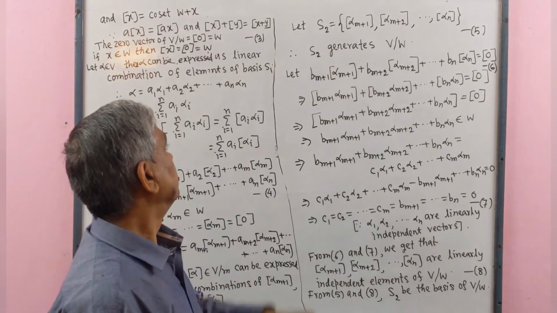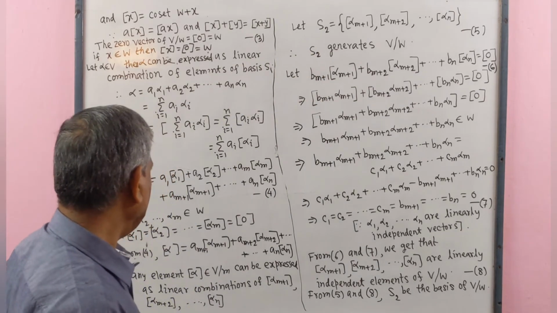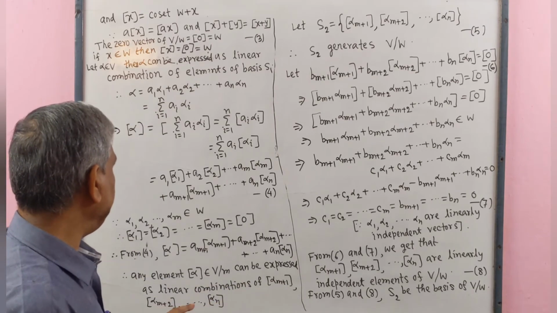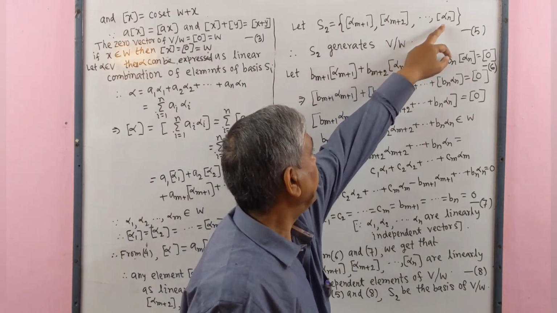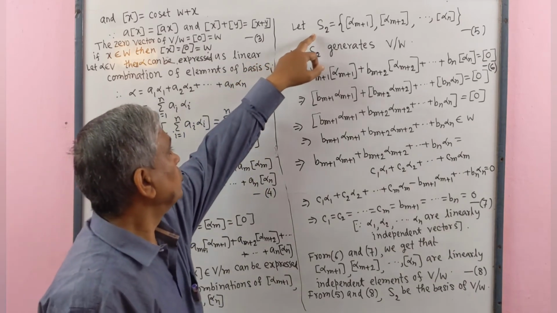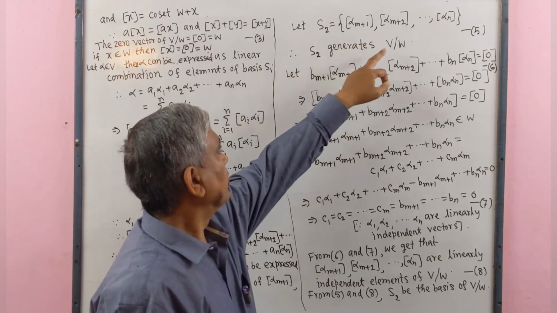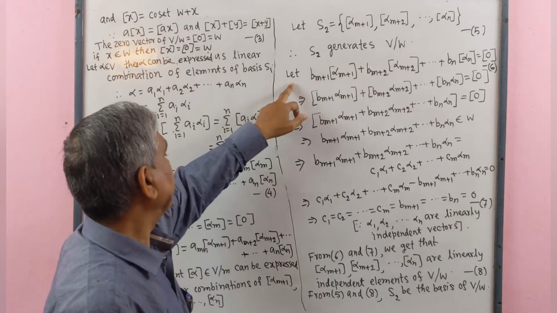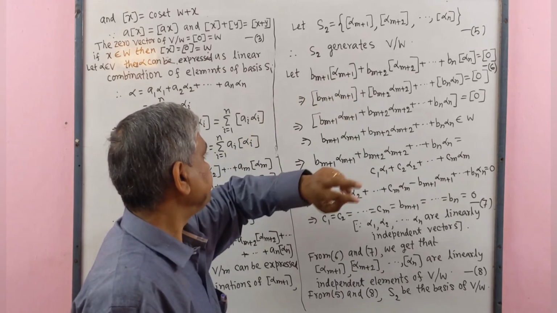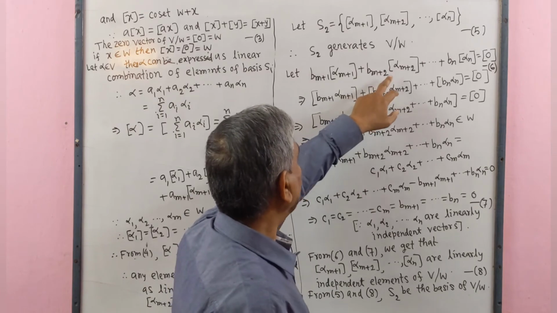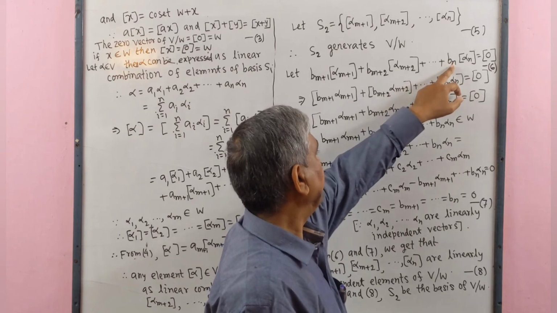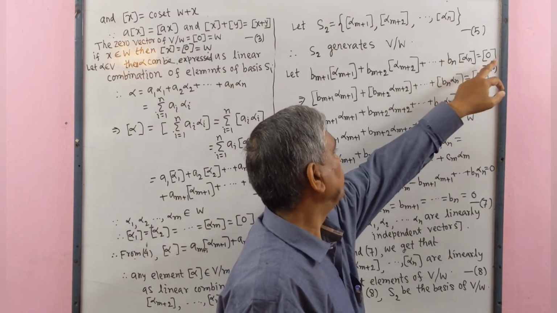Let S2 be a set containing classes alpha m plus 1, alpha m plus 2, dot dot dot alpha n. This is number 5. That is, S2 generates V by W. Let b m plus 1 class alpha m plus 1 plus b m plus 2 class alpha m plus 2 plus dot dot dot plus bn class alpha n equal to 0 class.